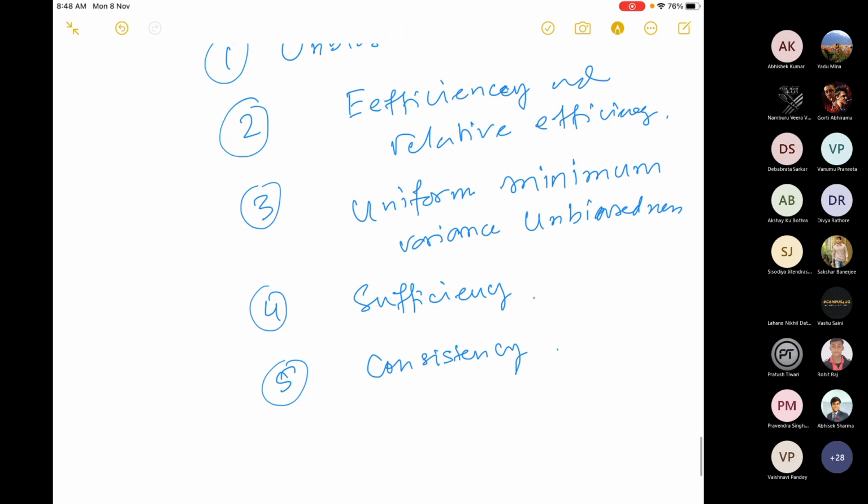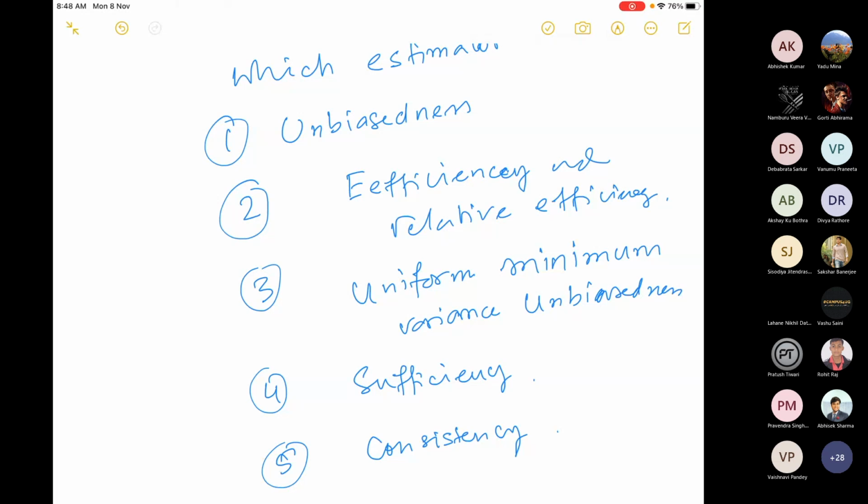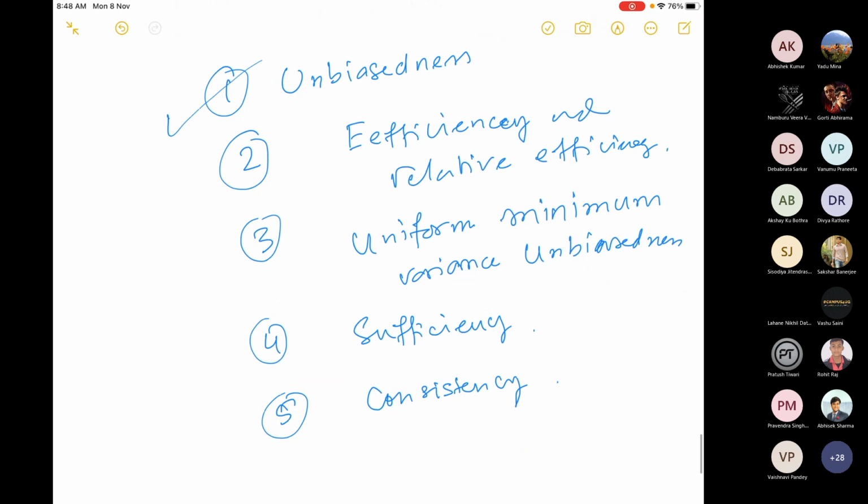So here, for the timing, I'll just explain; I will not discuss in detail. I'll only talk about unbiasedness, sufficiency, and consistency, because these are easy to handle. Easy in a sense that, based on whatever we have discussed before, it is simpler to define. For the other 2 things, or the many more, I need to introduce new concepts, so I'm skipping the 2nd and 3rd.